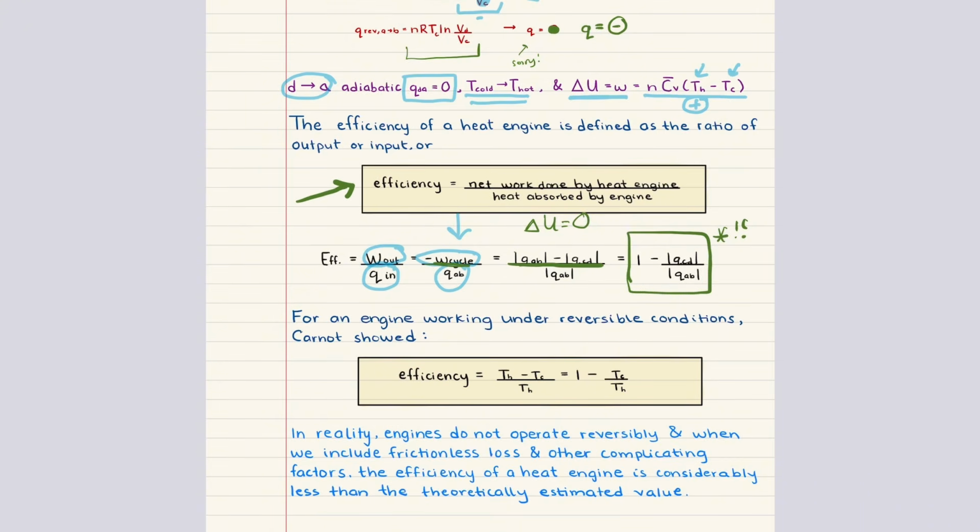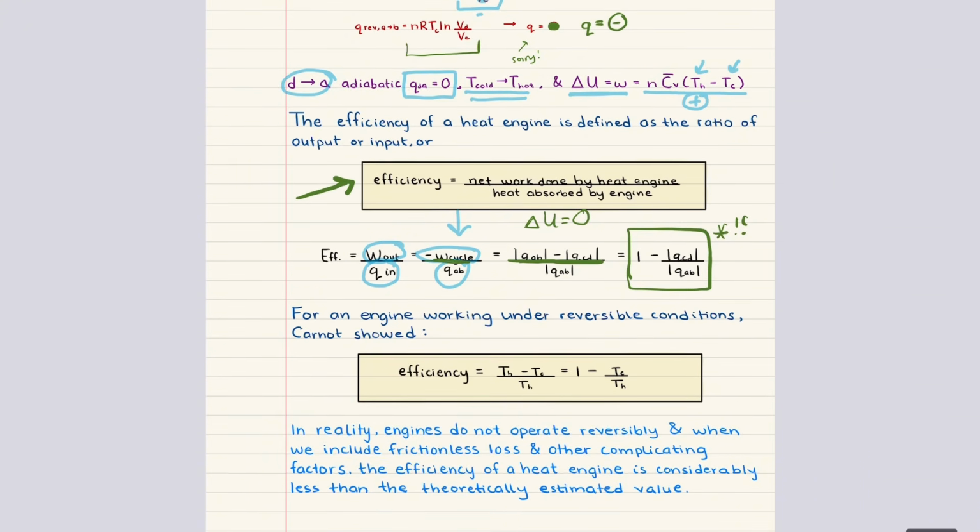To evaluate that heat ratio, we can use the fact that the two adiabatic segments tie the volumes together. So both isotherms share the same expansion and compression factor. In fact, it gives us the relationship that the magnitude of QCD divided by the magnitude of QAB is just equal to T cold divided by T hot.